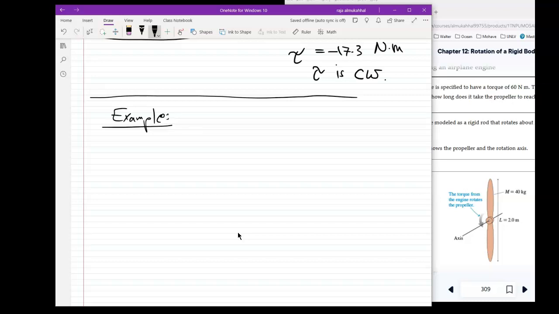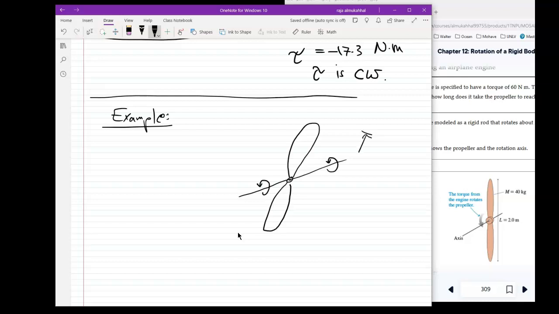So what you have, let me draw the propeller. So you have something like this. It's already lousy, sorry about that. There we go. And it's spinning like that. The length of the propeller, it's not vertical, sorry about that.